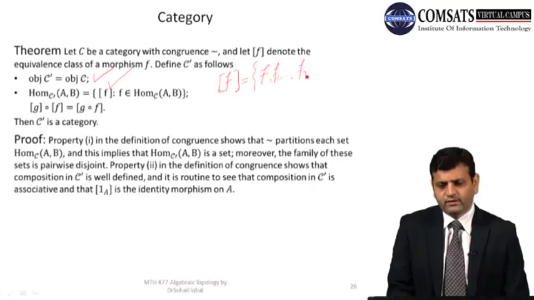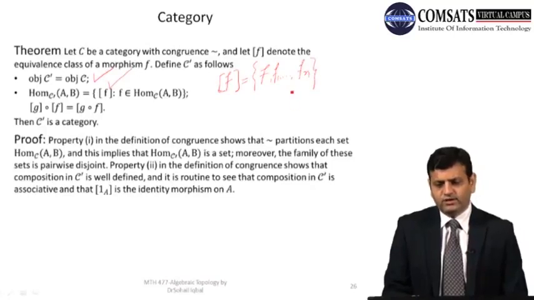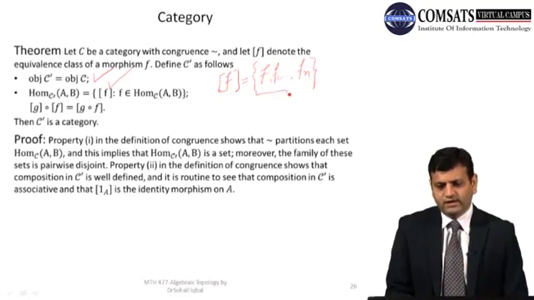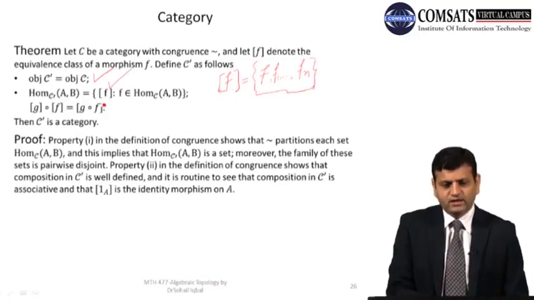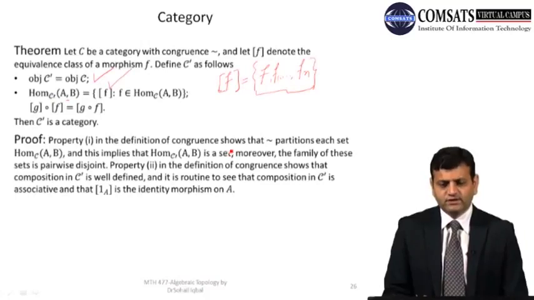So let's say if the class of f has elements f, f1 up to fn, then we represent this class by [f], and it's just one element in this new category C prime, instead of n plus 1 elements, it's just one element in this set of morphisms from A to B. So basically we are restricting the morphisms from A to B.